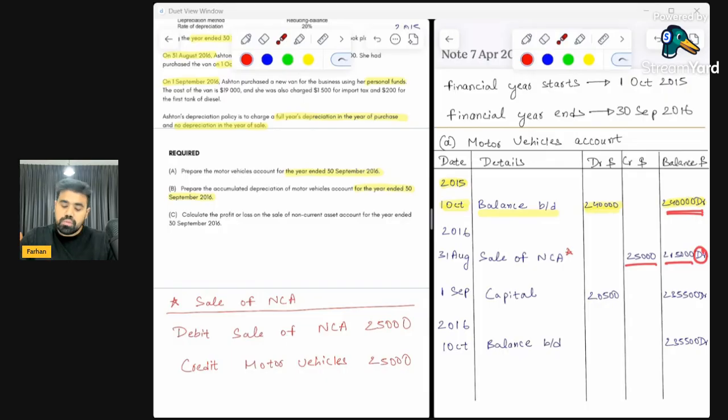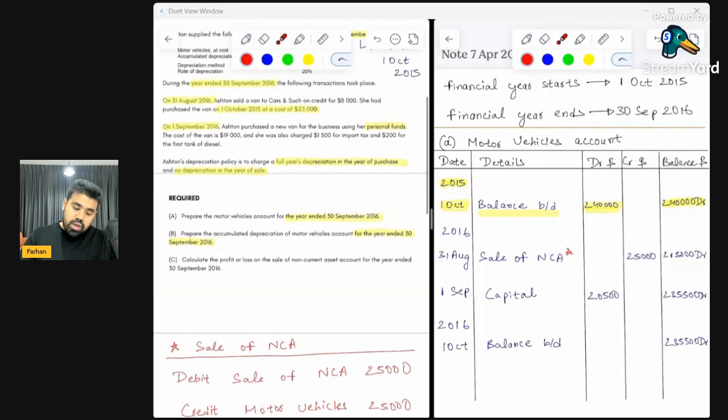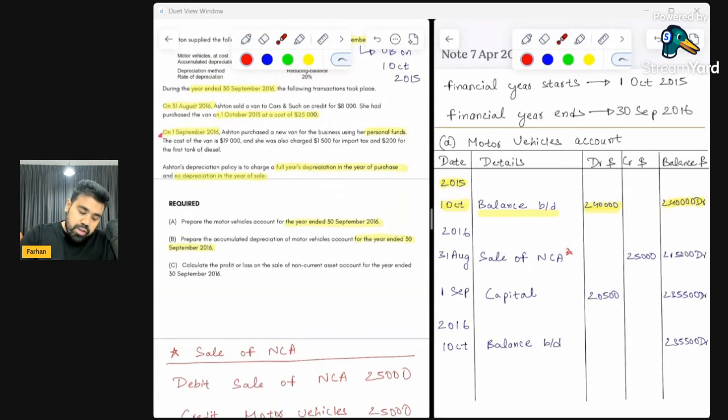Now, on the 1st of September 2016, Ashton also bought a new van for the business. And this van was purchased using personal funds. You can think of this as extra or additional capital contribution.